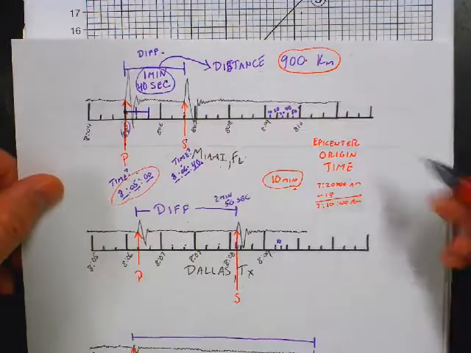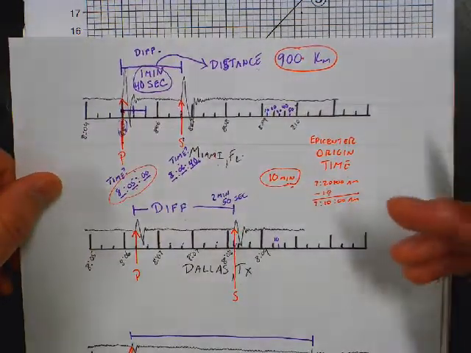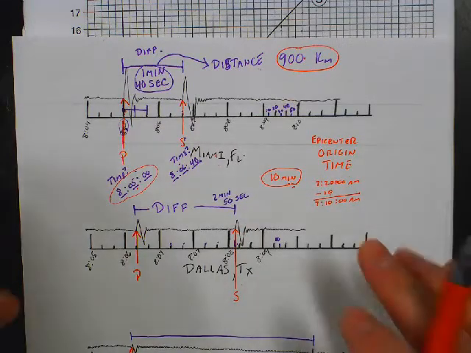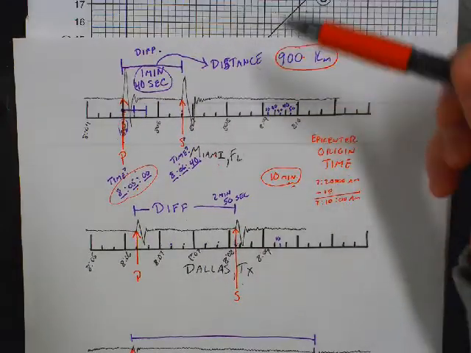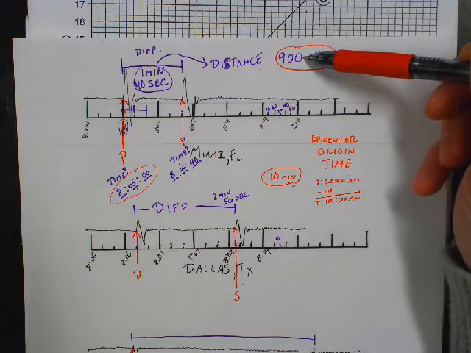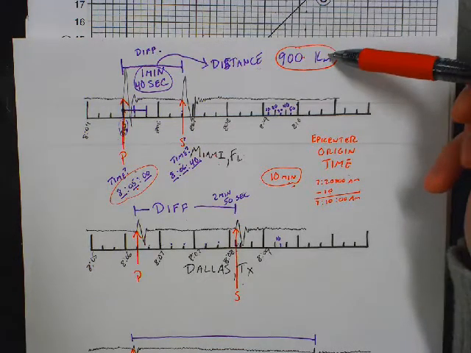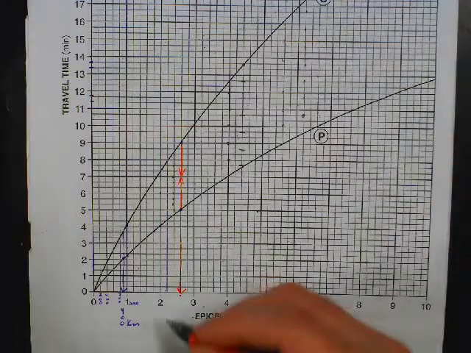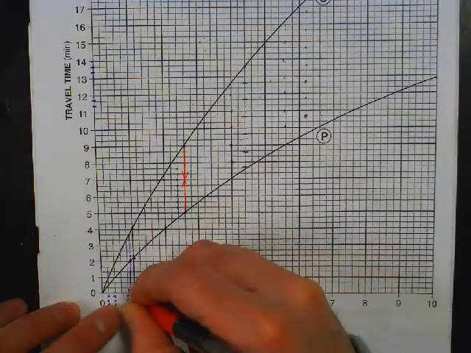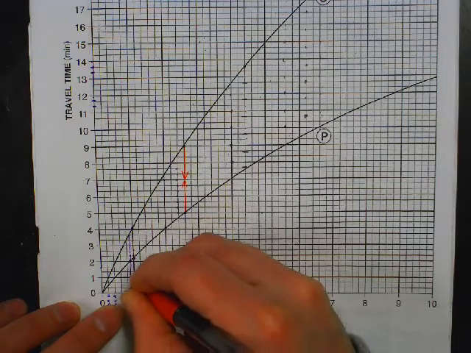See, this is a skill you already know how to do and do well, but since there's so many different things going on, you start to forget what you're supposed to do. If I just tell you that the P wave went 900 kilometers, how long does it take? You go to 900 kilometers here, you go up.